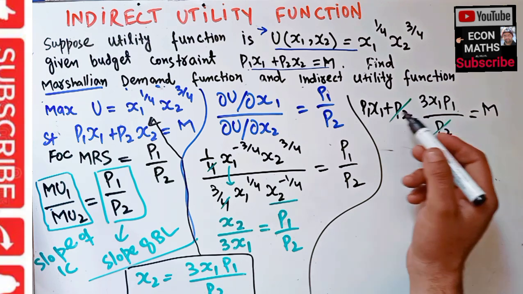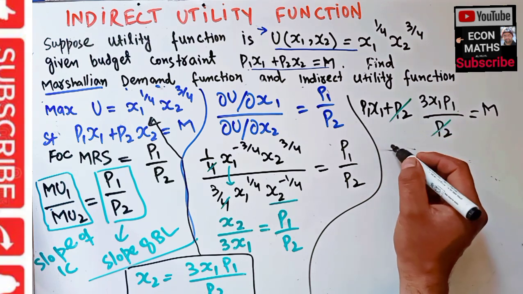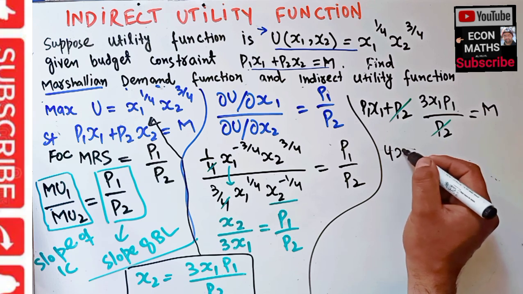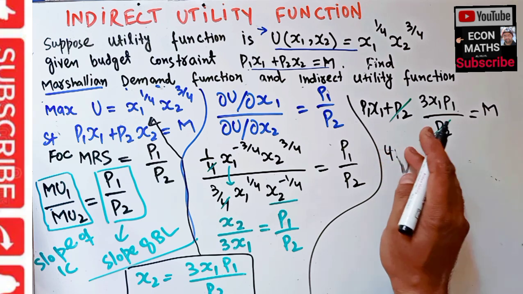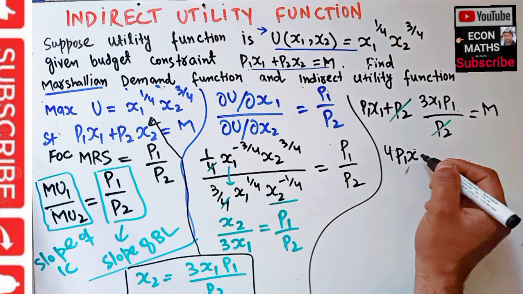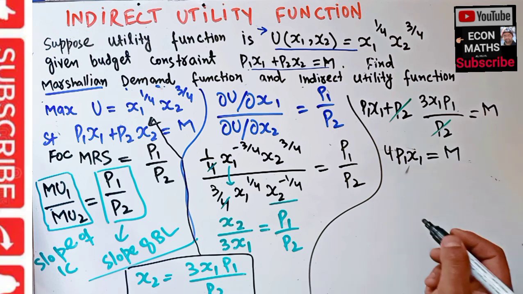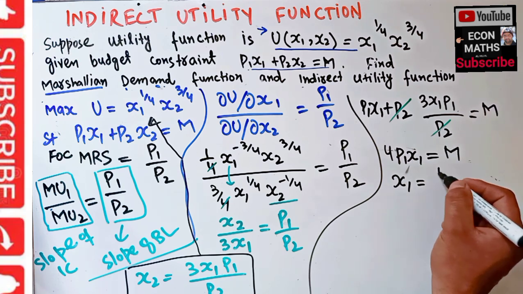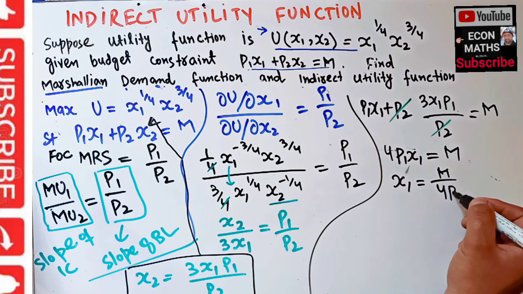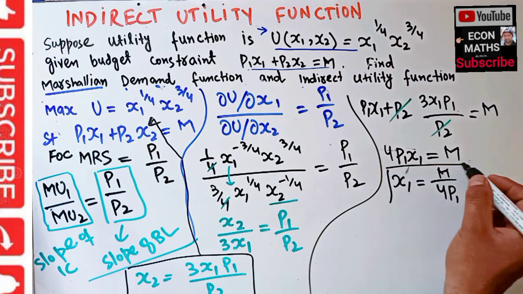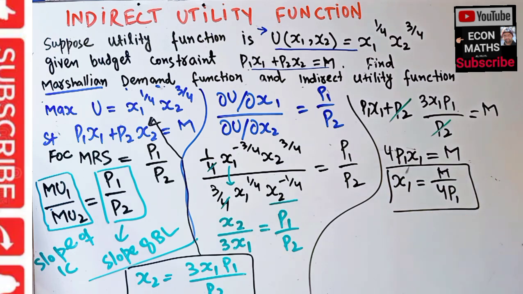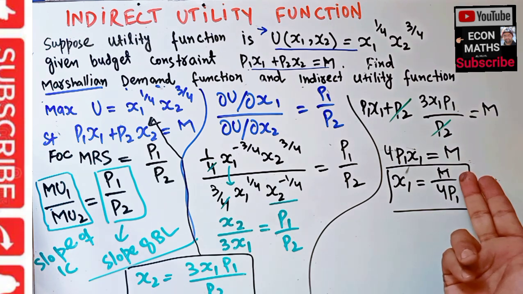We have 3x1 p1 and x1 p1, so it becomes 4 p1 x1, and it should be equal to m, or x1 is equal to m upon 4 p1. So this is the Marshallian demand function for good x1, and it is a function of income and price.